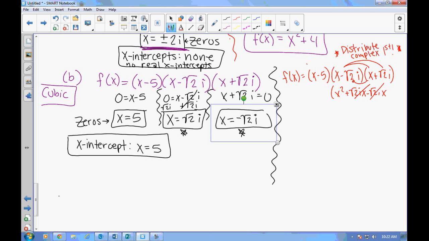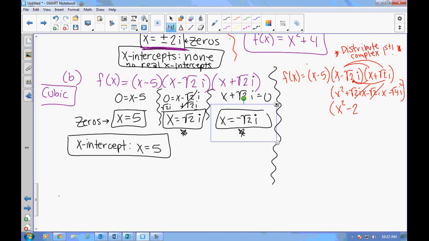And then lastly, be really careful. Negative root 2 i times positive root 2 i. What is a negative times a positive? A negative. What is root 2 times root 2? Root 4. We could go with that for a minute. And what is i times i? i squared. So that says negative root 4 i squared. Well, root 4 is just 2.